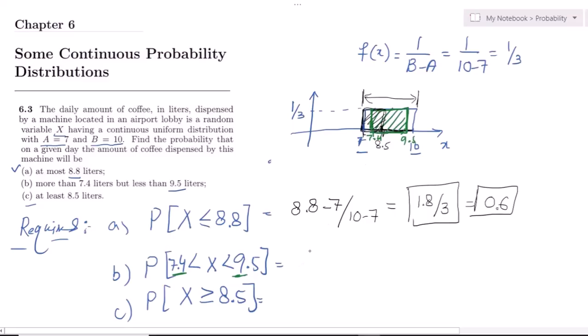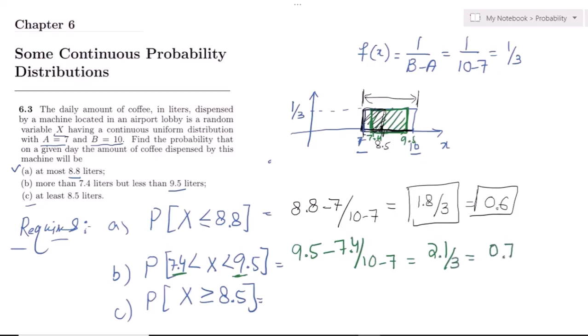So it would be 9.5 minus 7.4 divided by again the overall, which is 10 minus 7. So it would be 2.1 divided by 3, so it would be 0.7, and that is basically the solution of part B.